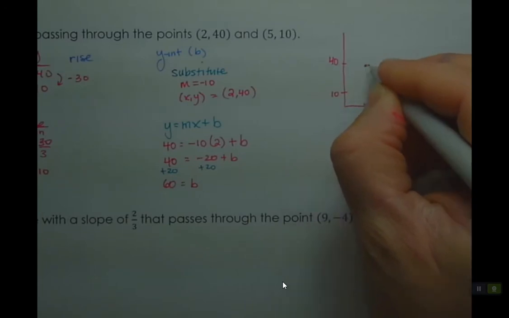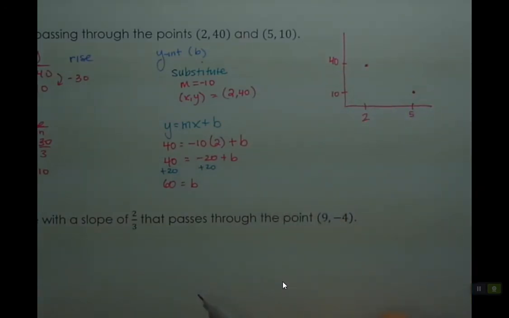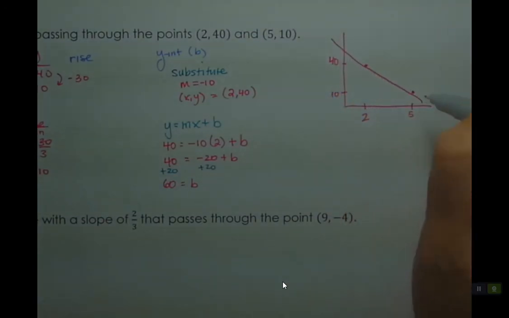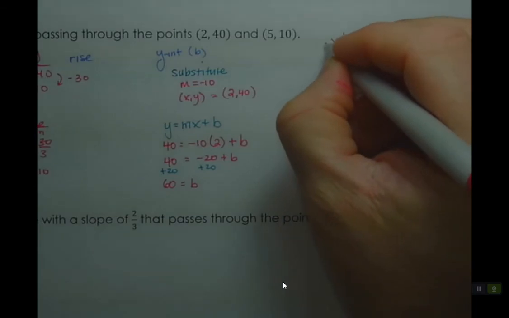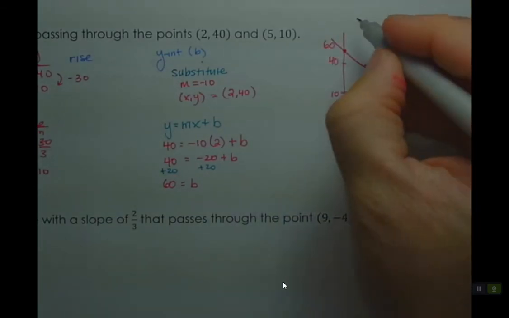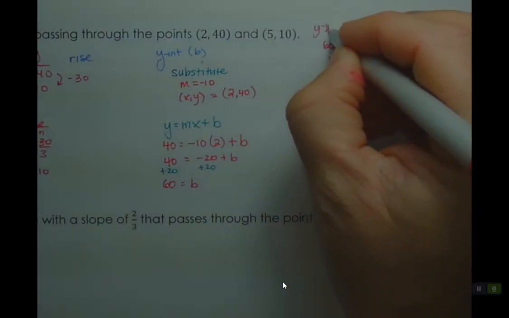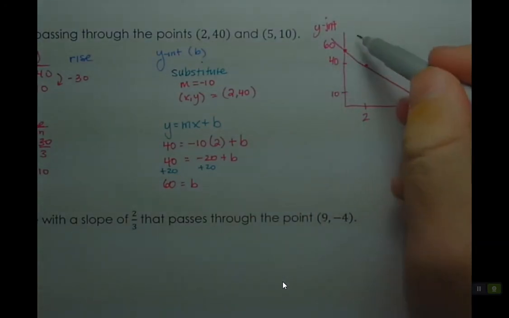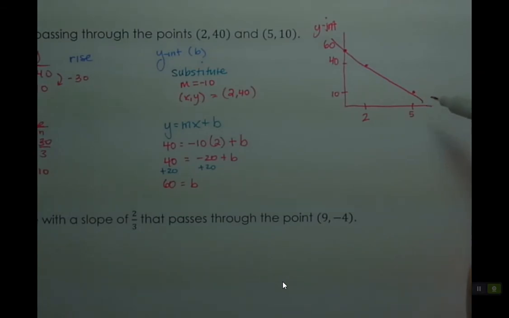So here are the 2 points we have. Does an answer of 60 make sense if we drew this line? If I drew it straight, my y-intercept of 60 makes sense, because it's got to be more than 40 because the line is decreasing.